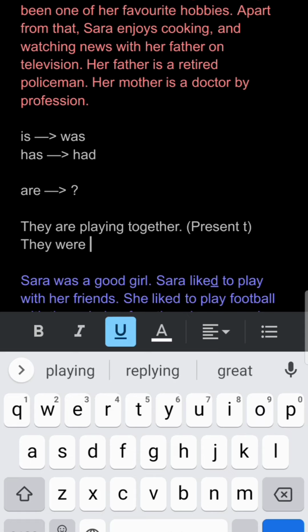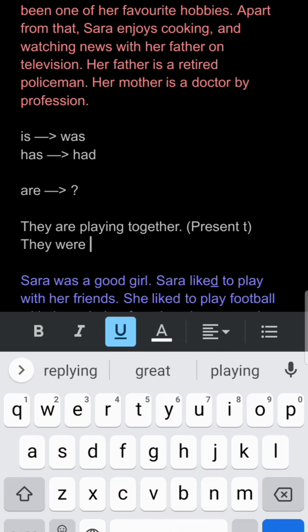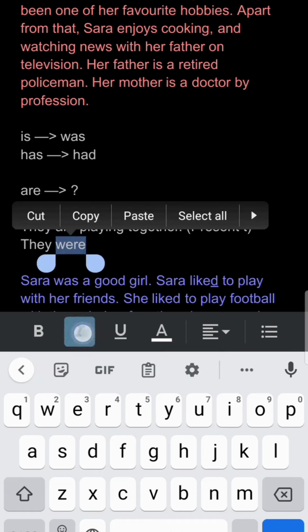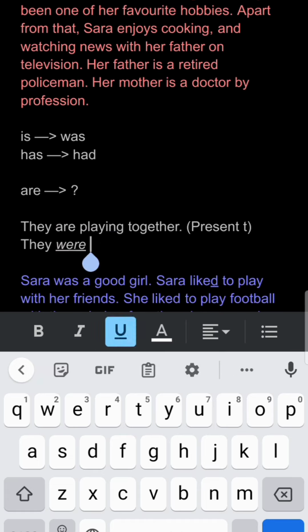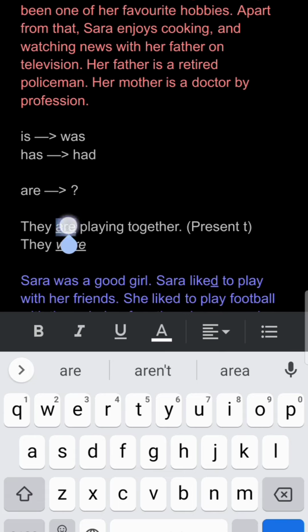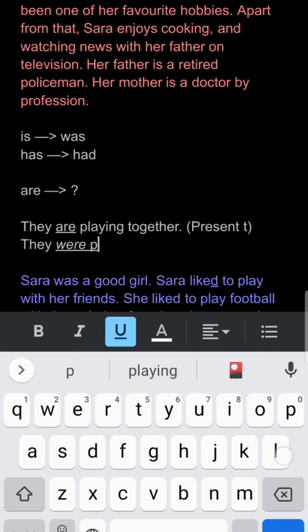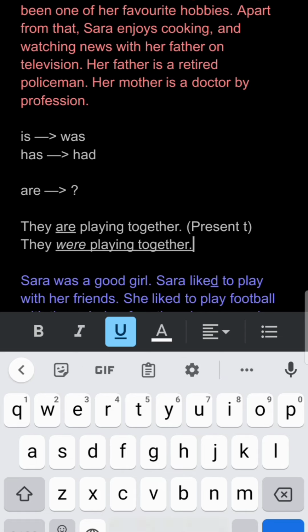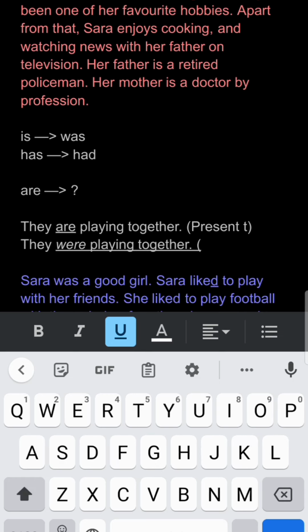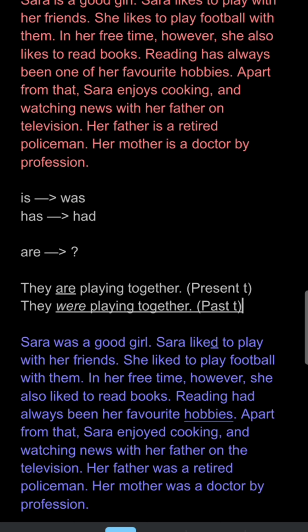They were playing together. Okay, guys, you get it? And this is the past tense. Do you get my point?